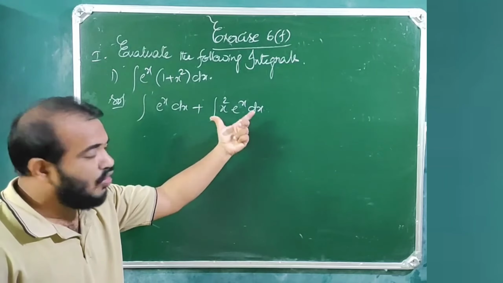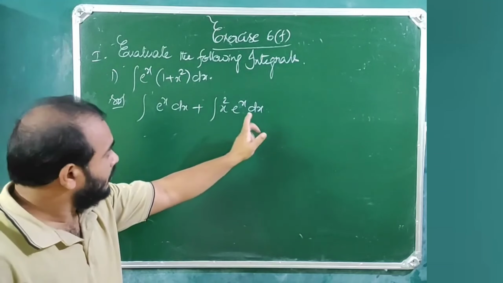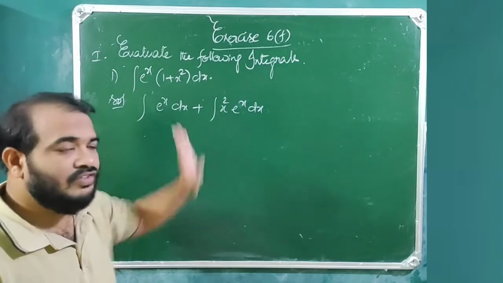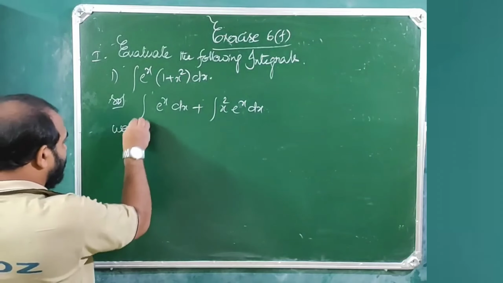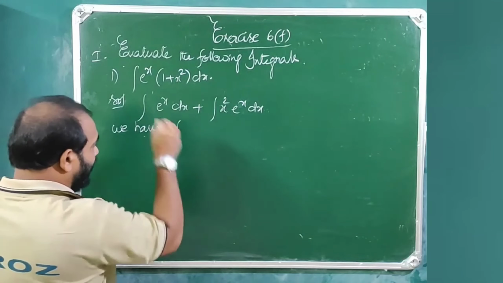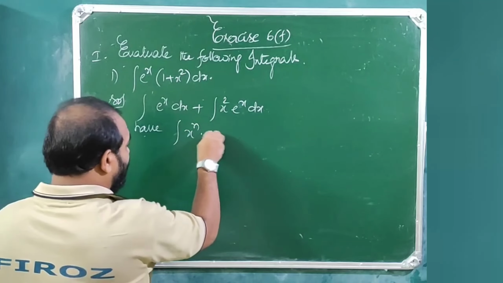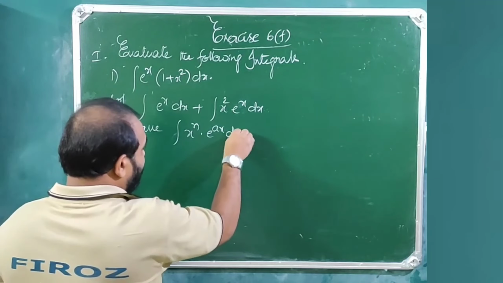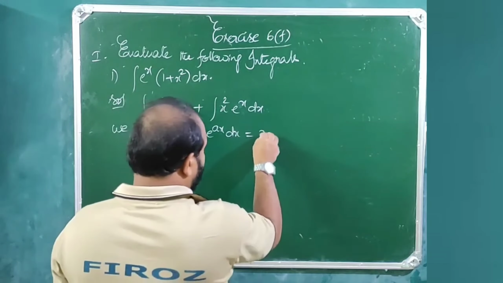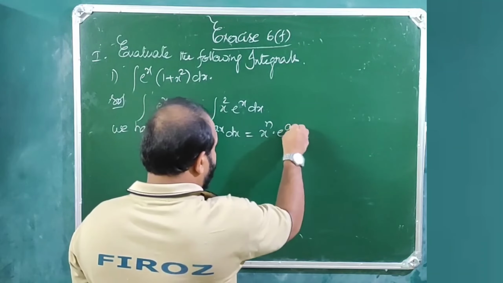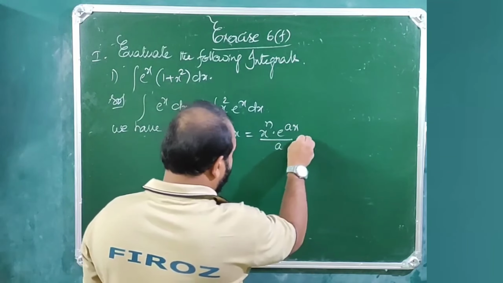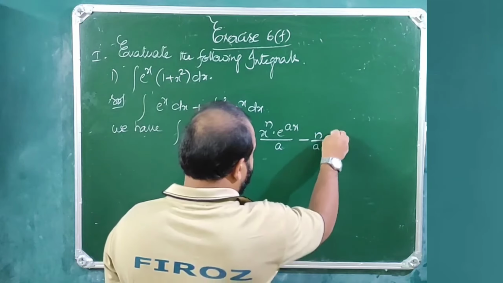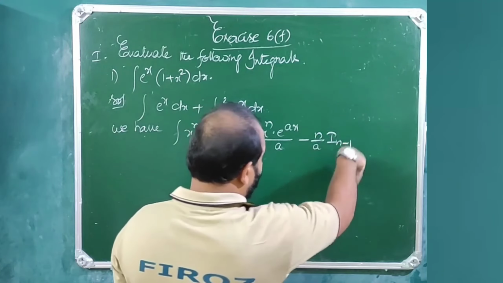This reduction formula we already did in the previous video. So we have integral of x^n e^(ax) dx is equal to x^n e^(ax) by a minus n by a I_(n-1).